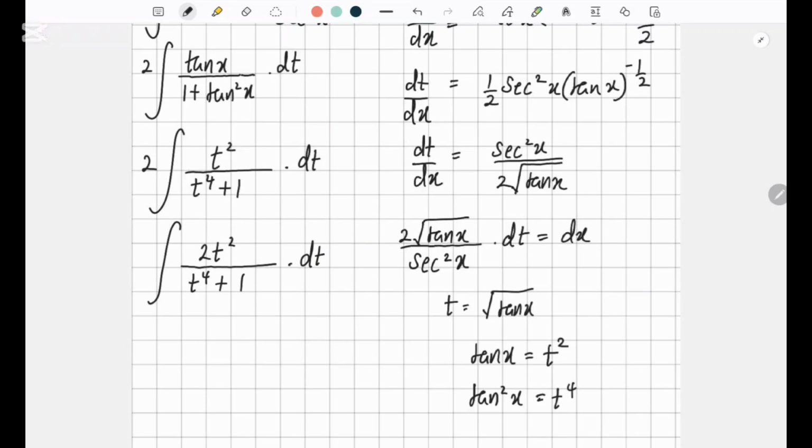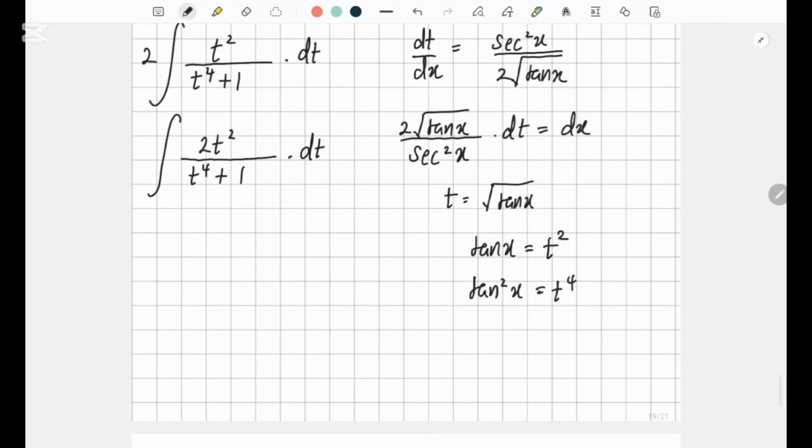Okay, now what I'm going to do is write the numerator like this. I'm going to write t squared plus 1 minus 1. This equals 2t squared, right? Same thing. I just changed it into a different format so that we can break this into 2 fractions, over t to the power 4 plus 1 dt.